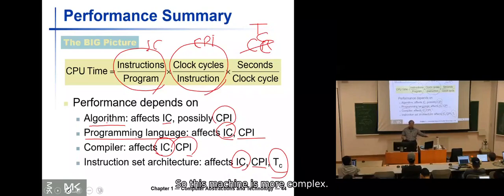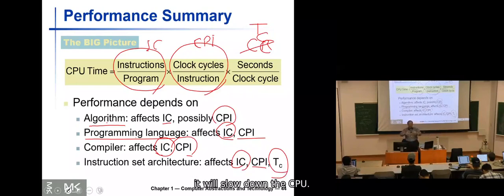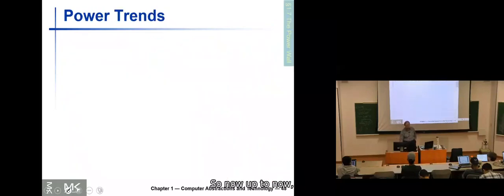So this machine is more complex. And when the machine is more complex, you have to design more complex circuits. And I told you in the previous slide, when it is more complex, it means less clock rate, because you have to do so many things and it will slow down the CPU. So the TC is also affected here.